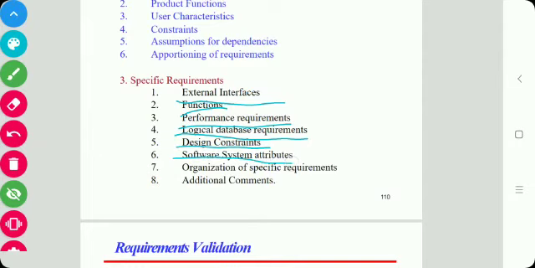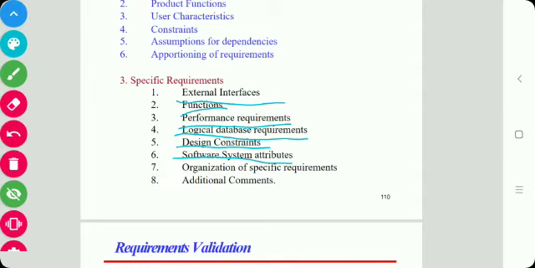These are the most important. Software system attributes are like reliability: the software should be reliable. Availability: the software should be available 24/7. Security: the software should provide security. Maintainability: the software should be maintained.